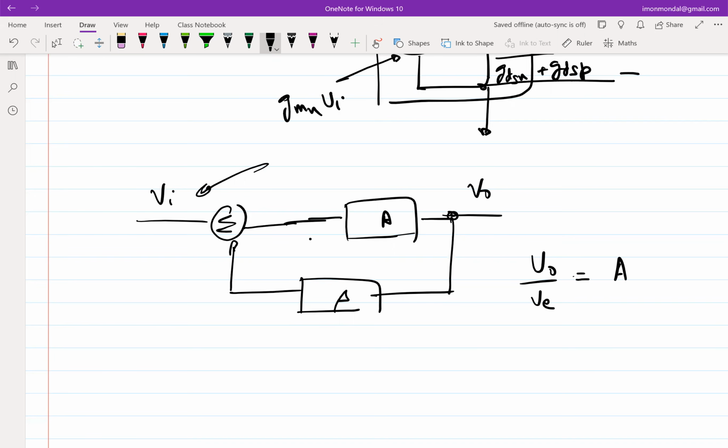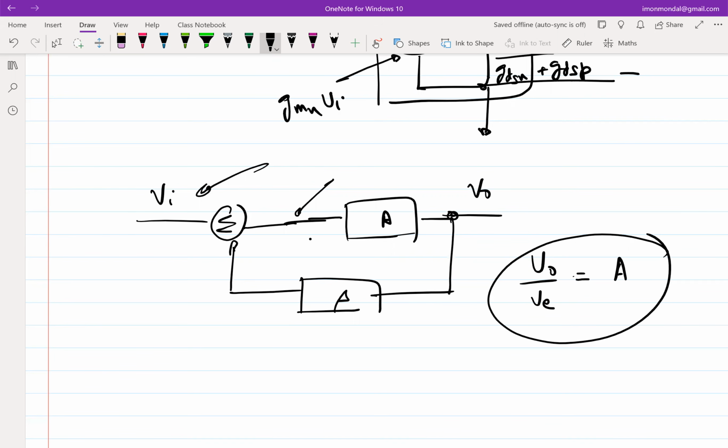One way to argue why we have virtual ground is essentially that. This is always A, and if V0 has finite excursion, and if A is very high, this has to move low in order to keep that gain A. A is very high, which means the input of this amplifier cannot move, because you have gain of A, even if you have put it in feedback.